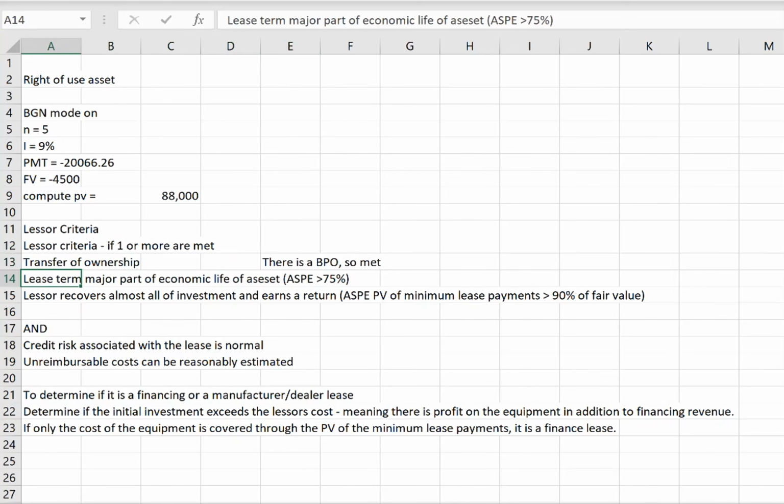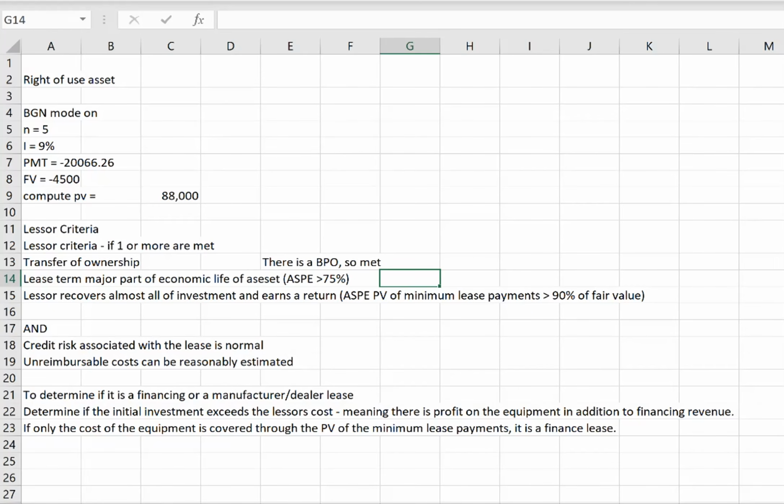The next criteria is whether the lease term is a major part of the economic life of the asset. Now, IFRS doesn't give us any numerical thresholds, but ASPE does. So a lot of the times for IFRS, we still use the ASPE thresholds, but we recognize that those are not specific to the standard. It just says a major part of the economic life, so it's open to some interpretation.